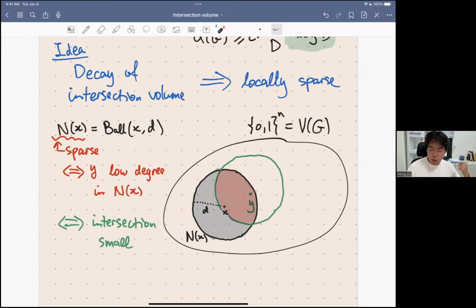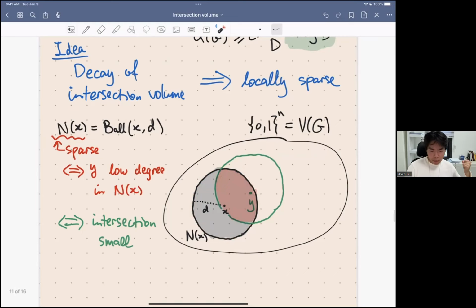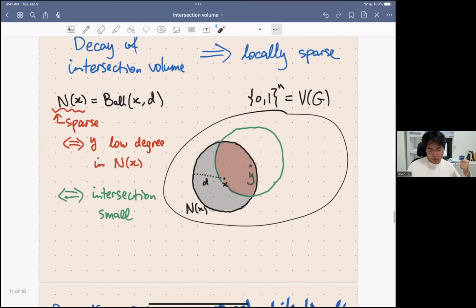So if we know that in this discrete setting, the ratio of the intersection volume versus the original ball decays very fast, we know that in the auxiliary graph, the graph is locally sparse. This is how things come together.